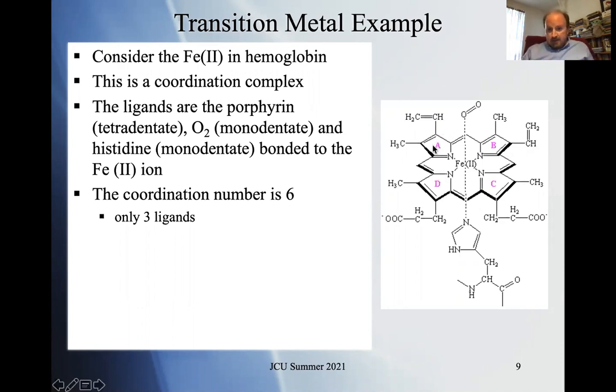I gave this example because it's exceedingly relevant as a biological example. The ligands we're going to work with are not this complicated, but this cyclical structure is entirely connected. The nitrogens aren't being donated separately. They're all part of this one big macrocycle, which is why that would be a tetradentate ligand.